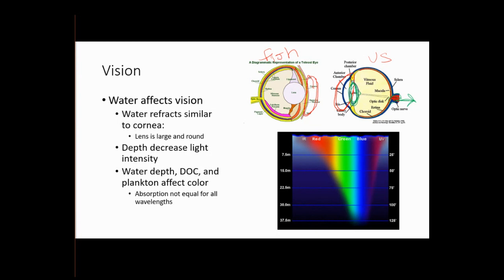So what we see instead, let's switch back to green, with our fishes is a much larger lens. Here we can see that it's quite large and substantial, very round.